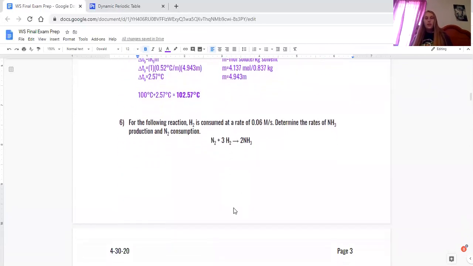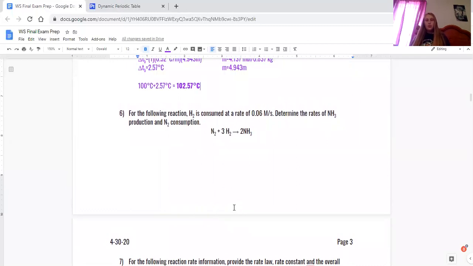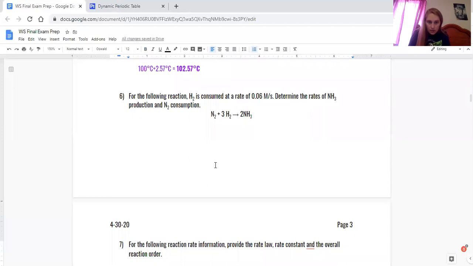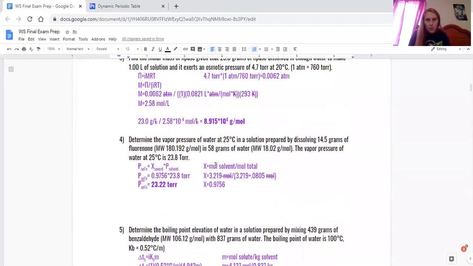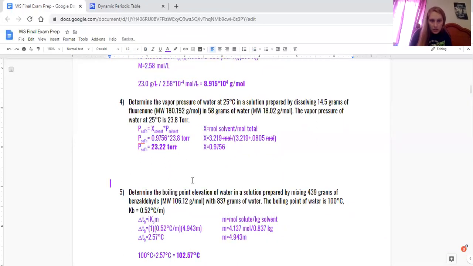For the following reaction, H2 is consumed at a rate of 0.06 molars per second. Determine the rate of NH3 production and N2 consumption. Okay, so go ahead and work on this. I'm going to move this up a little bit so we don't end up running out of space on our page here.